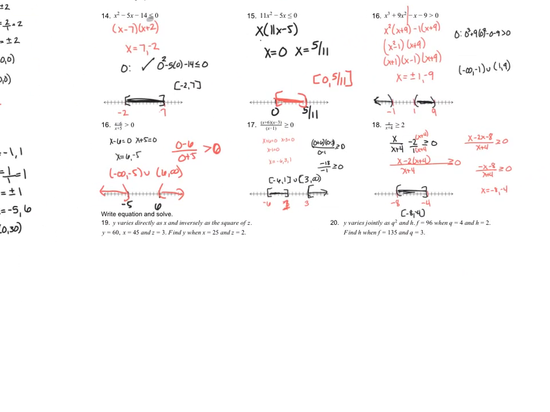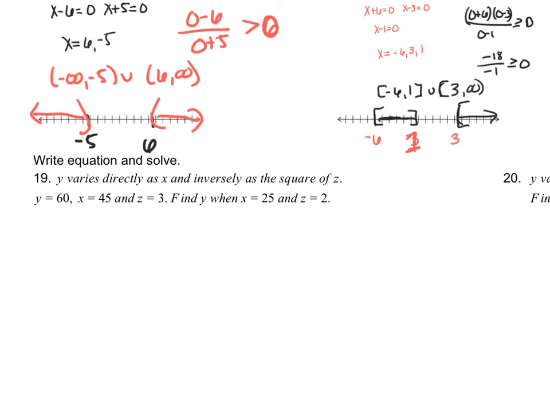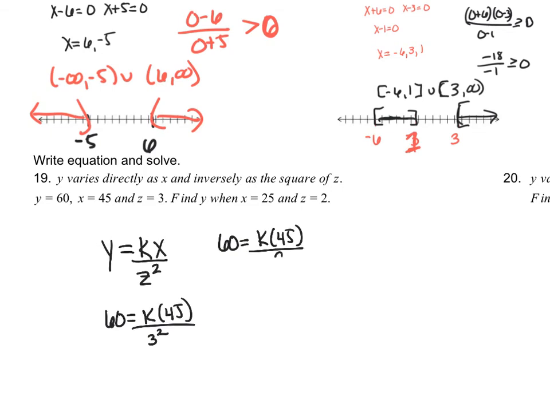So 19, I'm sorry. Y varies directly as x. So y varies, you write equals k. Directly means to multiply, and inversely as the square of z. So now I'm going to fill in everything. So 60 equals k times 45 over 3 squared. So that gives me 60 equals k times 45 over 9.